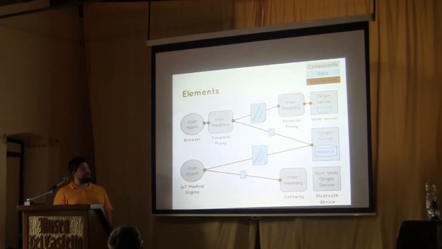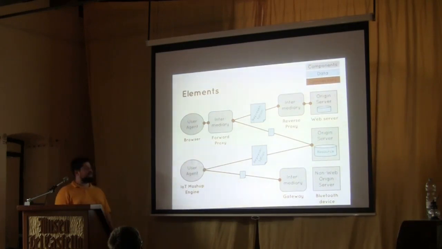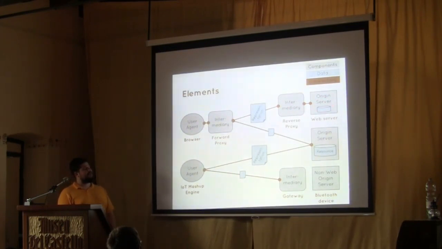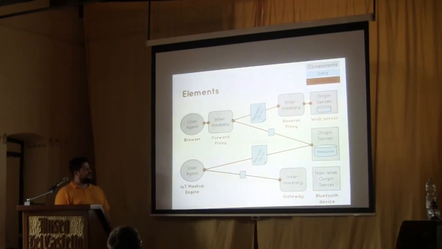That's the normal web server. You have intermediaries in between, so you could have a forward proxy, maybe something your university or your employer forces you to use, but it could also be a reverse proxy, something set up by the people who run the origin server but want to make it scalable.